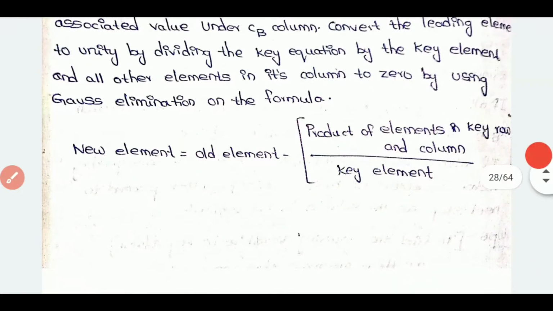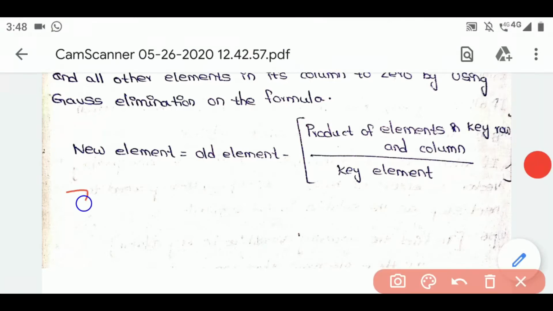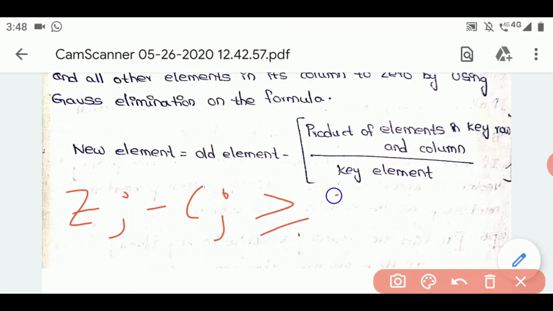Now we will repeat the steps until getting the optimal basic feasible solution. Here, it means we have to get zj minus cj greater than or equal to 0, then the solution is optimal. Okay, this is the algorithm of the simplex method.